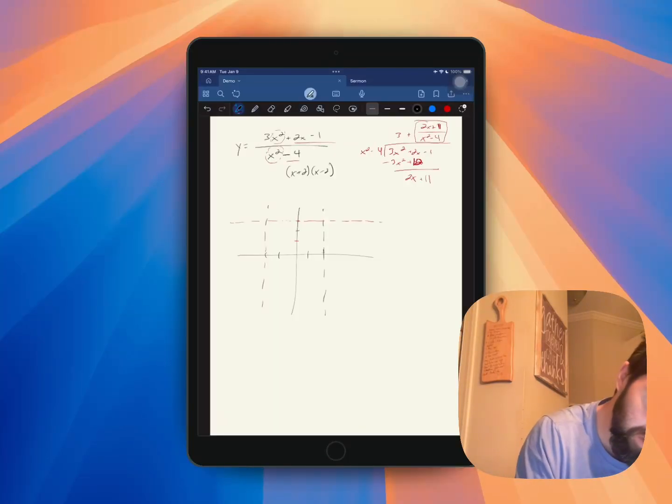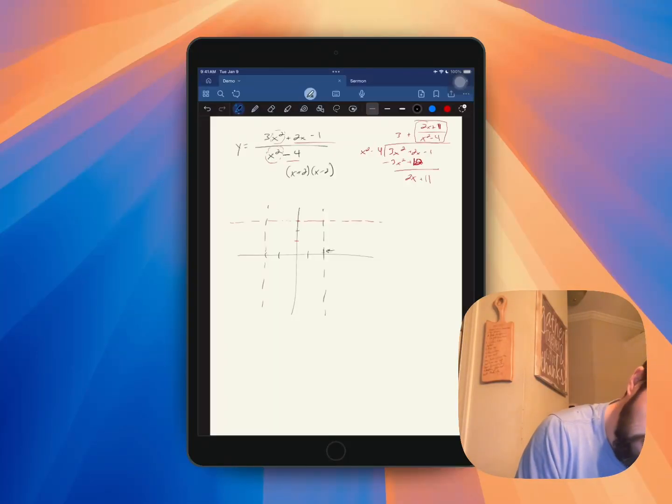And so now let's plug in our random numbers. If I'm getting close to 2 from the right side, then I'm going to get like 2.01: positive, positive. This guy is going to be positive.